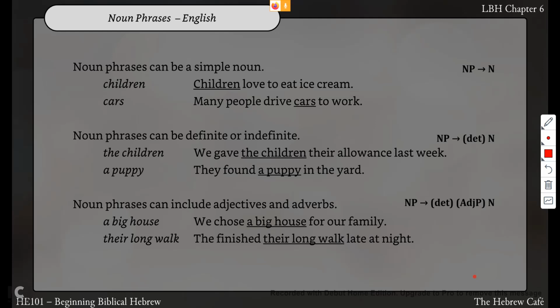A noun phrase is made up of a noun and anything that modifies it. So a big house, an extremely big house, an extremely big and scary house. That's one noun phrase. It's a bit complex. They finished their long walk late at night. That's my typo. Sorry about that.